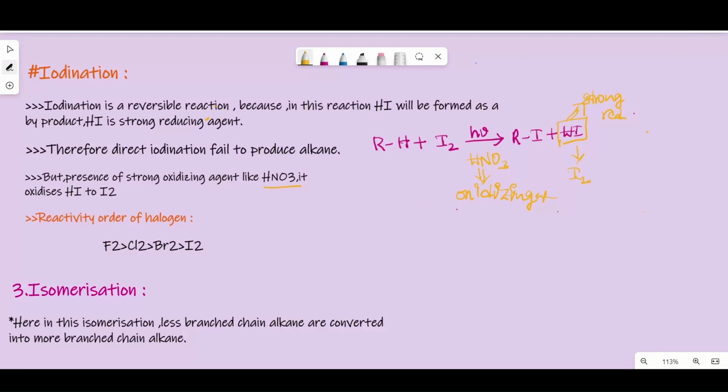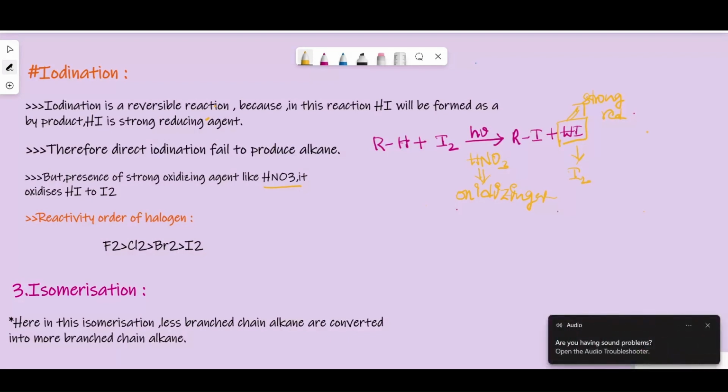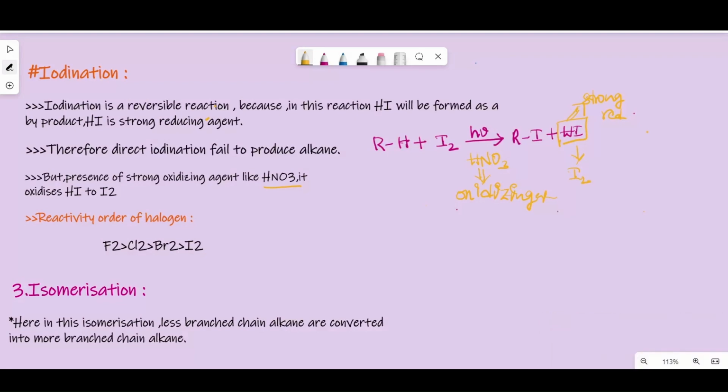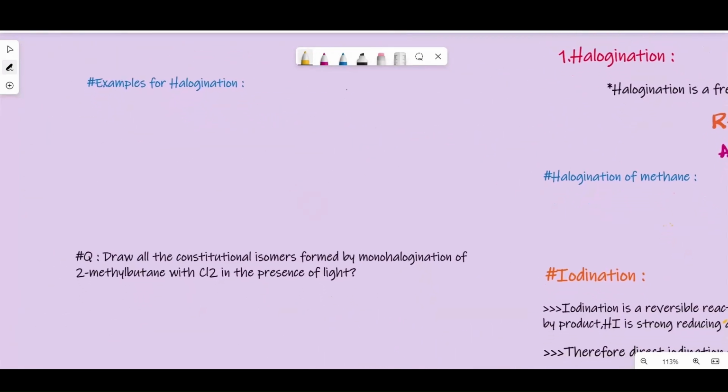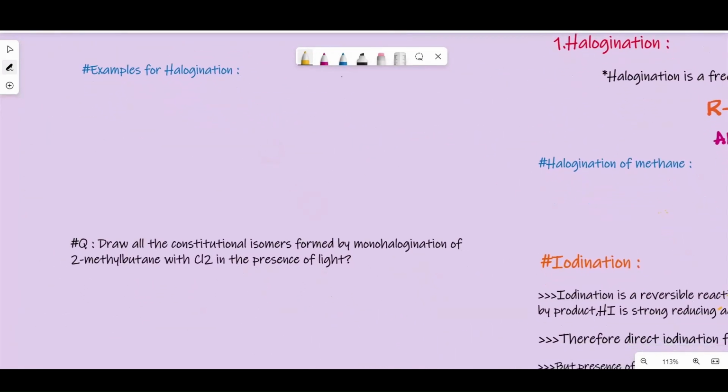Let's see the reactivity order for halogens. Cl2 is greater than Br2 and then I2. Let's see some examples for halogenation.